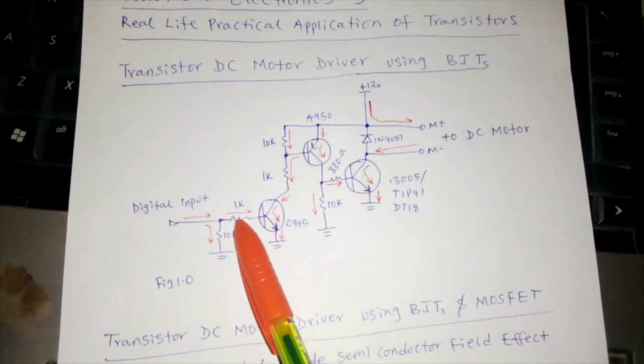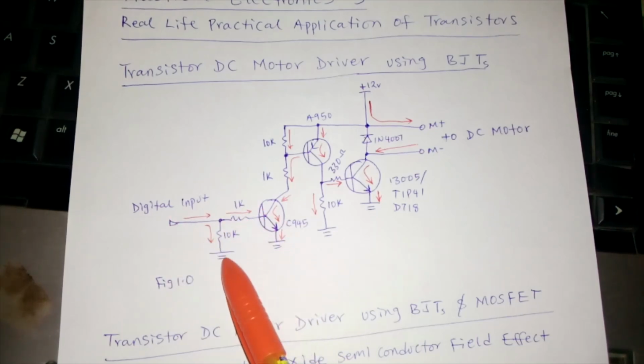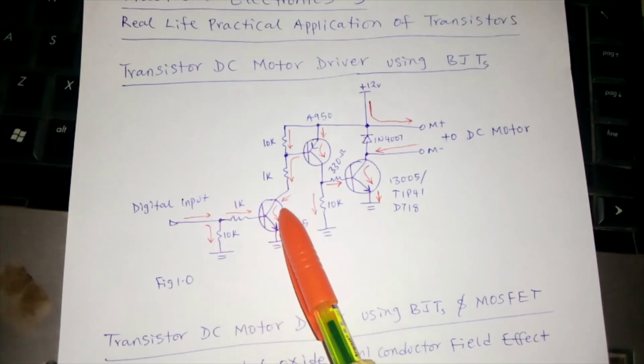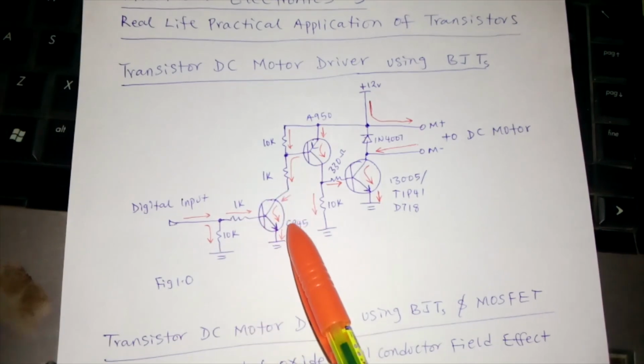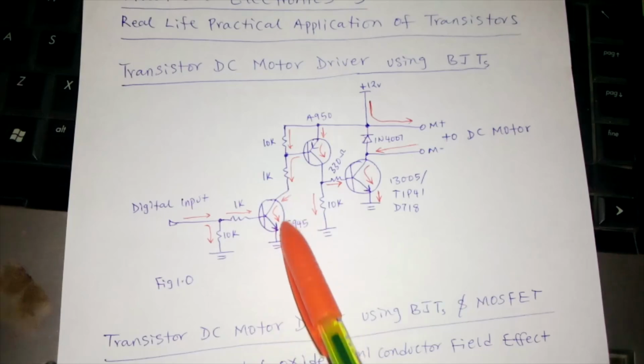So we have a 1K current limiting resistor here. So when there's no signal, we have zero voltage at this point. So at this point now the transistor is off, which means this collector and emitter terminal is of high resistance, infinity. The terminal is open. You understand?